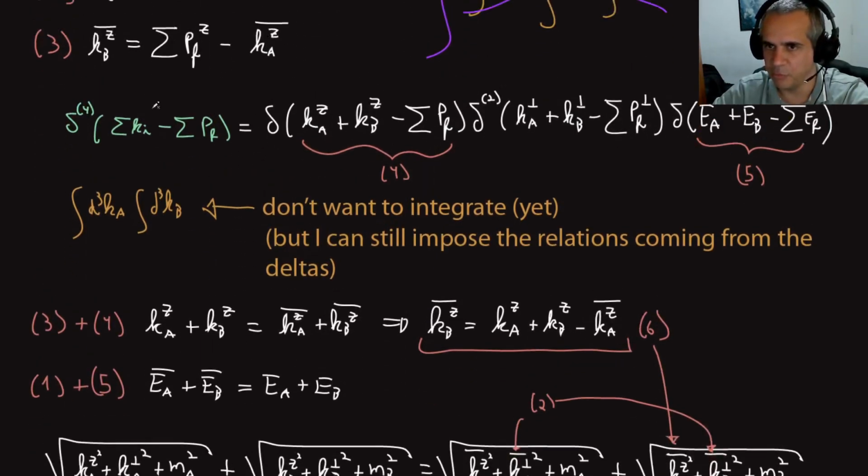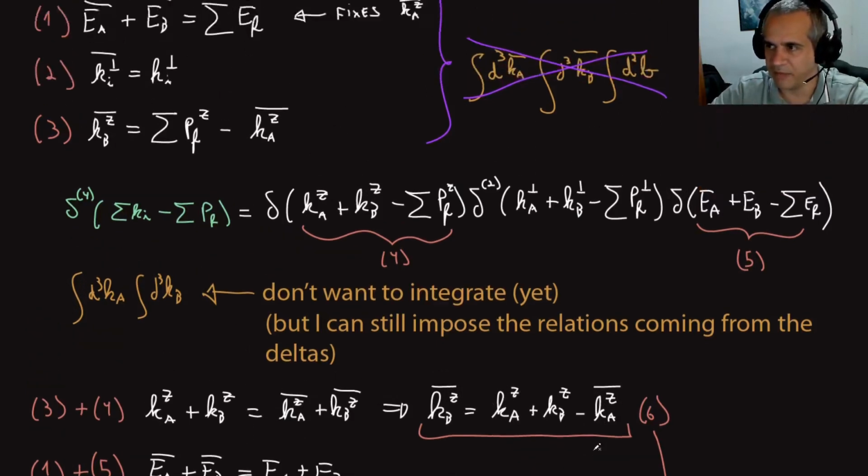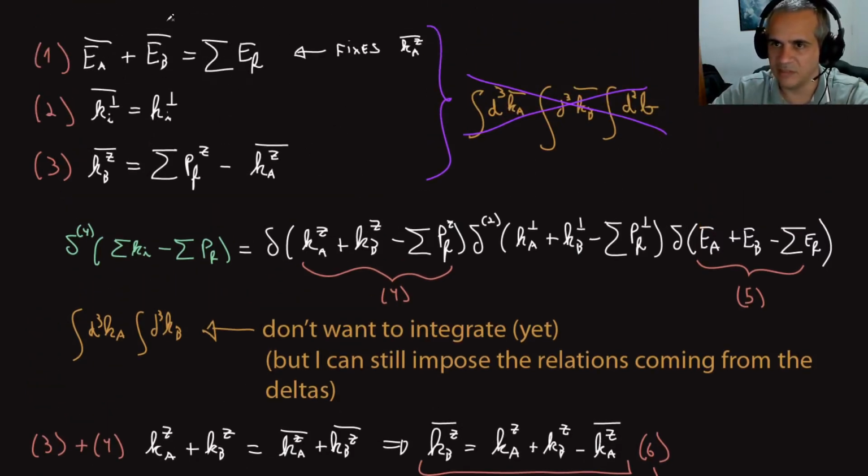So if I put together 3 and 4, right, I just isolate this PF that is the same here as the final momenta in the Z direction, right? Here and here, and write this one. This implies that KBZ is equal to this, right? And if I put together 1 and 5, 1 is just energy conservation, 5 is the same, so EF, which is the energy of the final states, is the same.